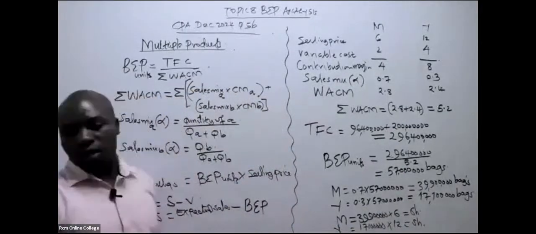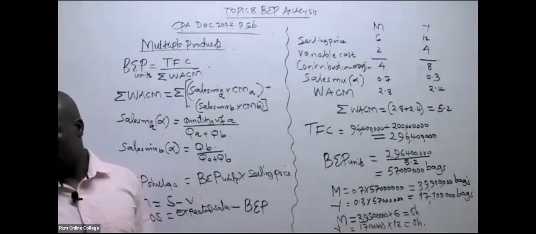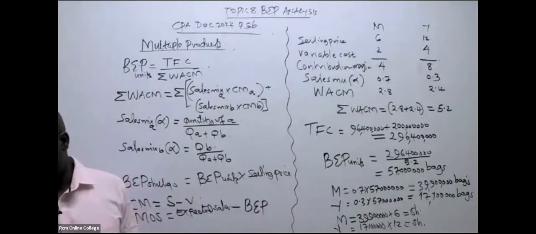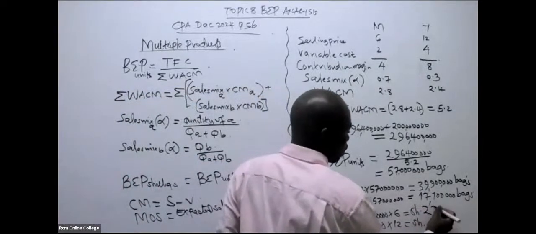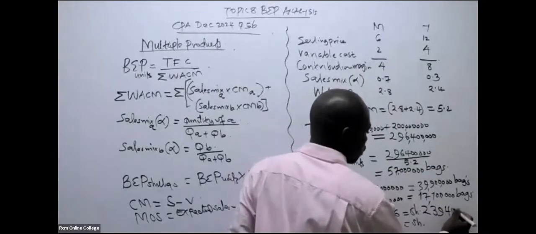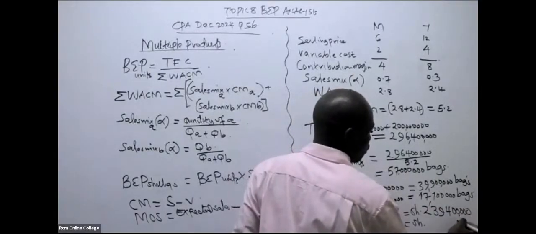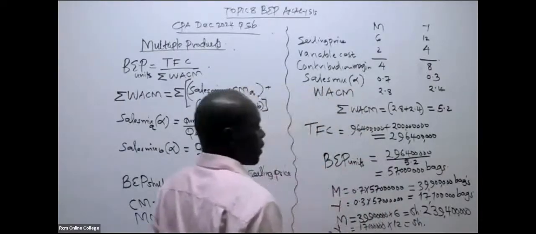So what is our break-even point in shillings? For product M, 39,900,000 we multiply by 6. What are we getting? 239,400,000. Good.